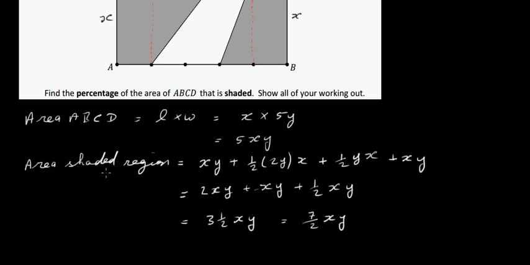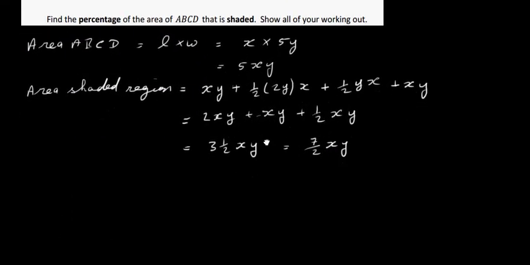Okay, so now I have the area of the shaded region and I have the area of the whole region. So how do you get one number as a percentage of the other number? Well, the first thing you do is find it as a fraction. So I need this as a fraction of this. This is the shaded region over the whole region, and then I'm going to multiply that by 100 to give me a percentage.